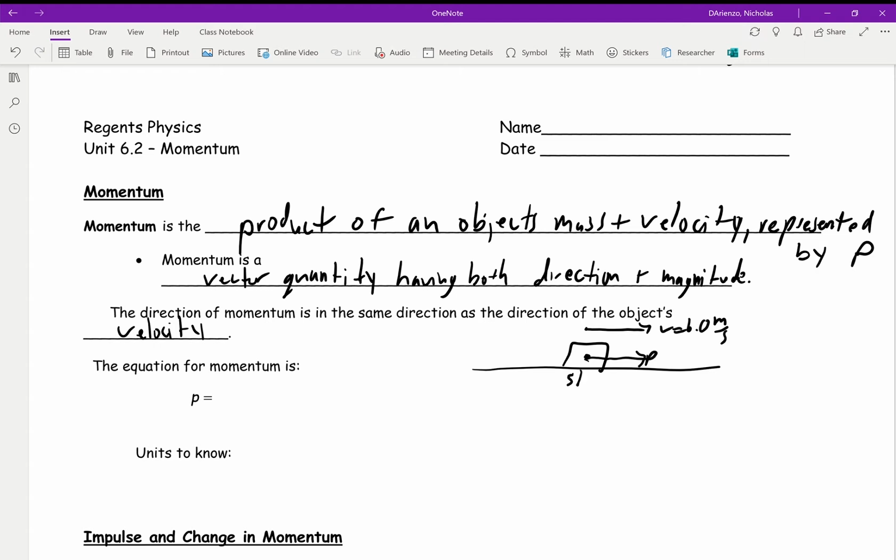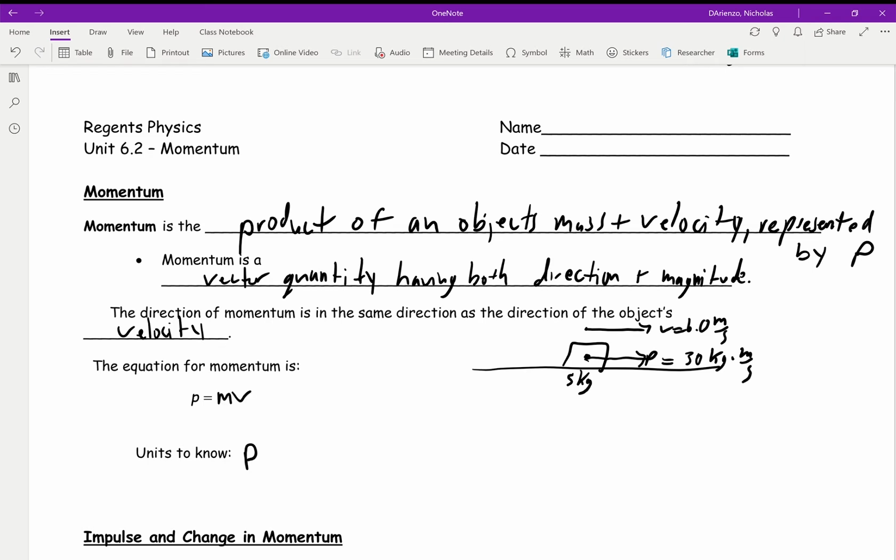If we were to call this a 5 kilogram block, these two multiplied together would give us a momentum value of 30 kilogram times meter per second. That comes from our equation for momentum, which is the mass times the velocity.